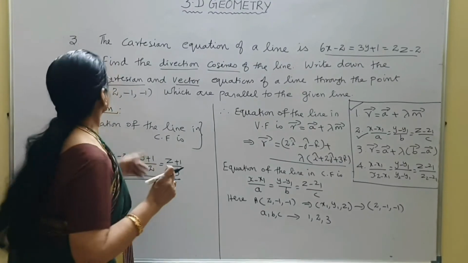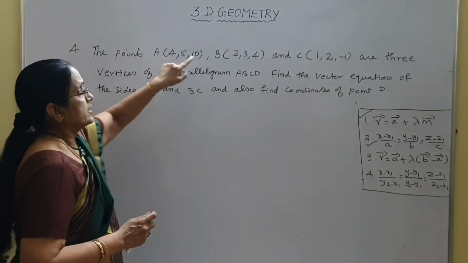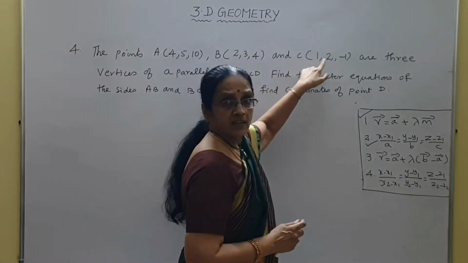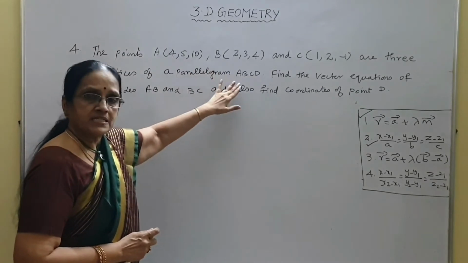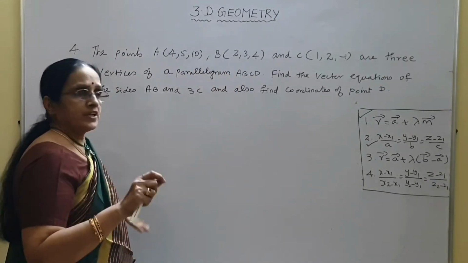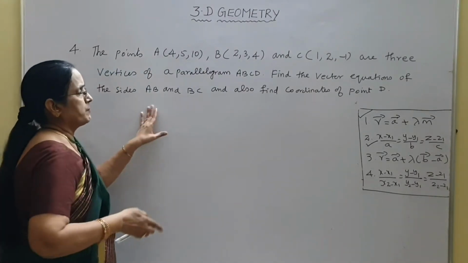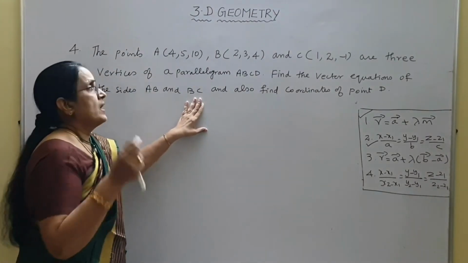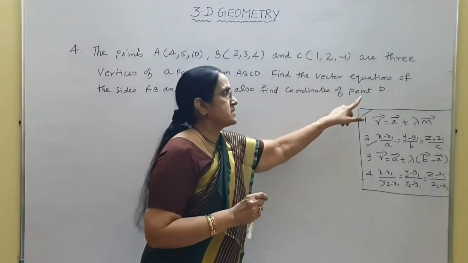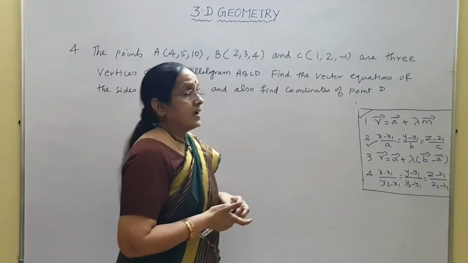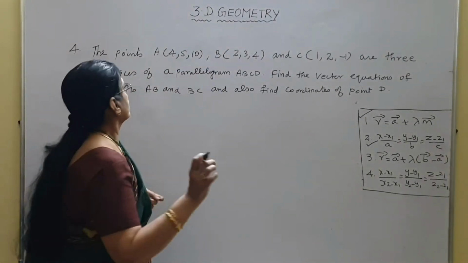Now, we'll move on to question number 4. Here the points A, B and C are three vertices of a parallelogram ABCD. You need to write the vector equations of the sides AB and BC, and also you have to find the coordinates of the point D. Repeatedly I have been saying this, every word is important.